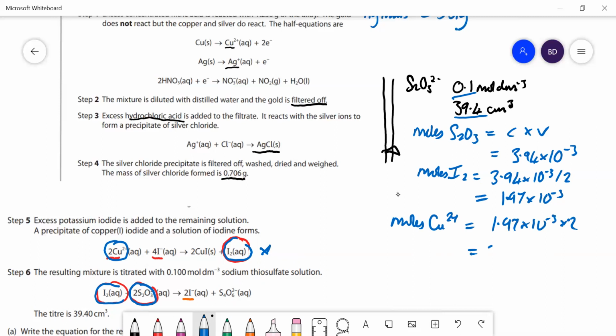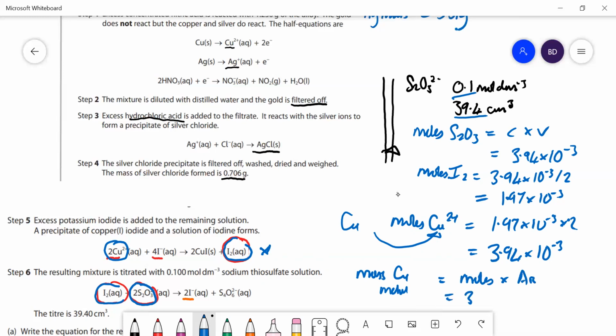That takes us back to 3.94 times 10 to the minus 3 moles of copper. Okay, so we can now work out the mass of copper there. One mole of copper metal gave us 1 mole of copper ions. So the mass of copper metal in the original sample is going to be moles times the AR of copper. So that's 3.94 times 10 to the minus 3 multiplied by the AR of copper, which is 63.5.